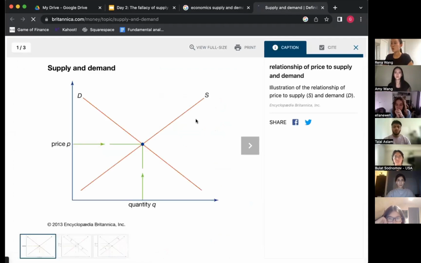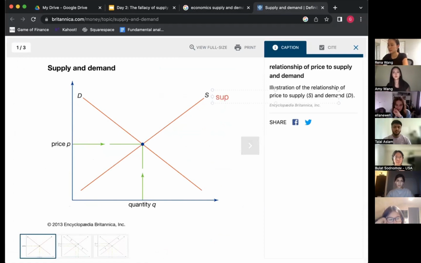We have the y-axis and the x-axis, and it's labeled: this represents the price, and price goes higher, this quantity goes higher. Now S represents supply and this represents demand. So I'll type it so it's easier.